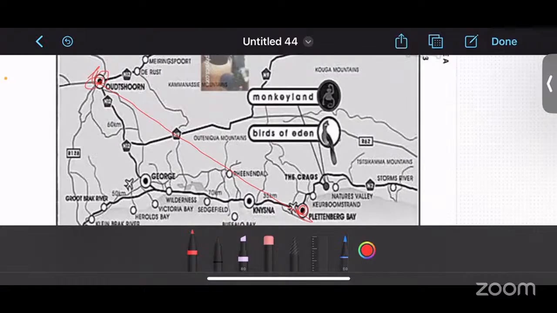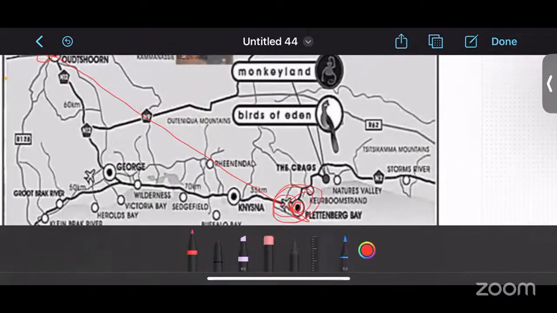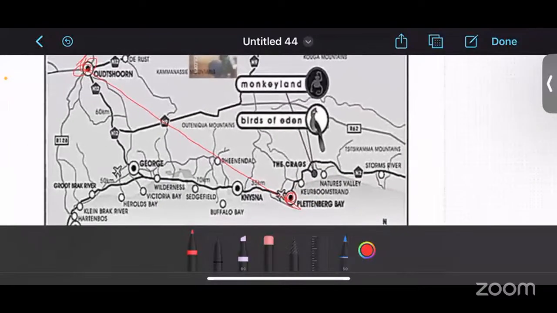The one they're coming from, the Plettenberg Bay. Here. Oh, ma'am, there's two. I thought those things were airports, but I see there's two airports. So it's this one and this one.